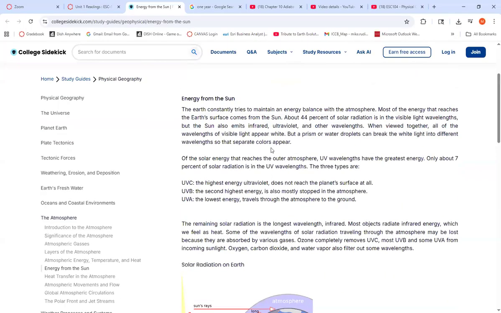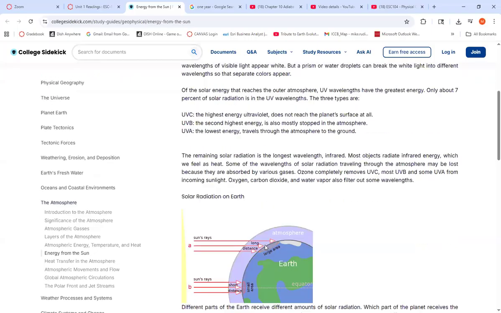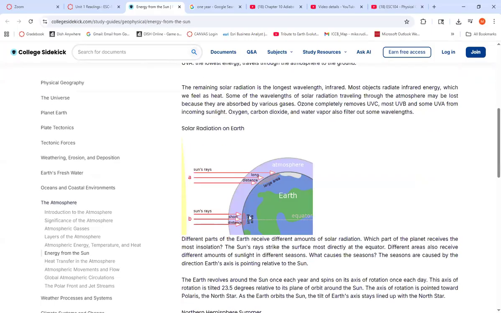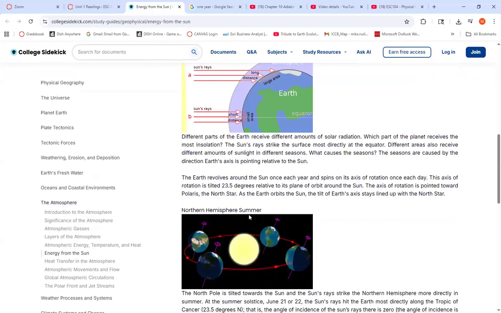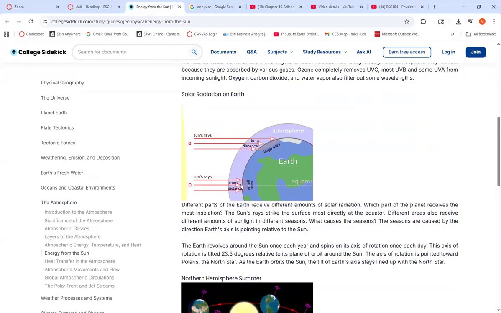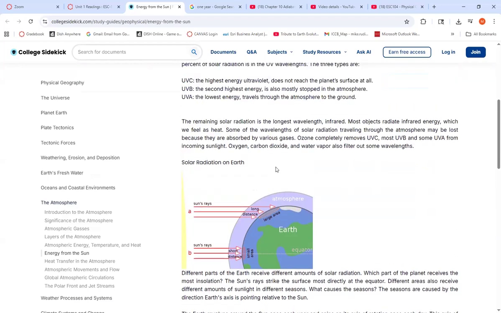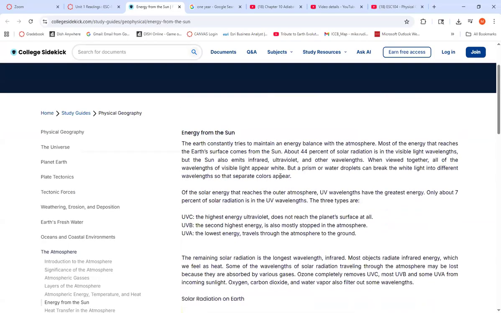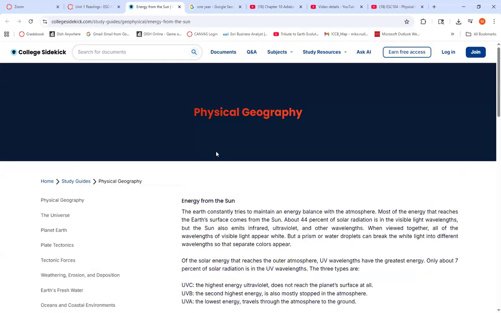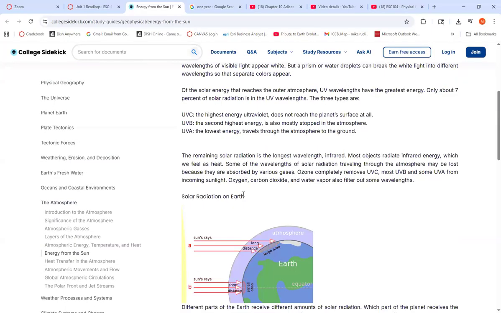At different times of the year, the sun's rays, based on the angle and the length of the atmosphere they have to pass through, are going to cause some places like Africa near the equator to be much warmer than areas like Canada and Russia near the poles to be much colder, all based upon the angle of the sun. This is tracked by looking at different times of the year with the sun hitting different areas of the earth at different angles.